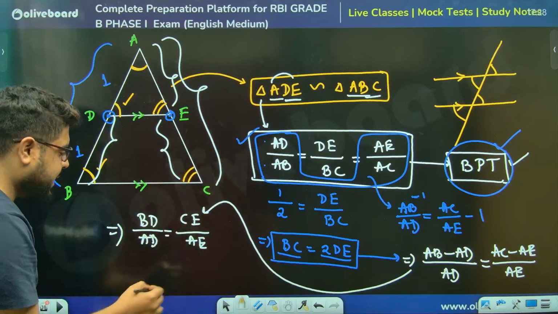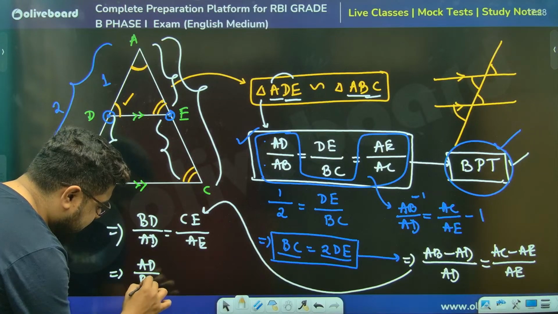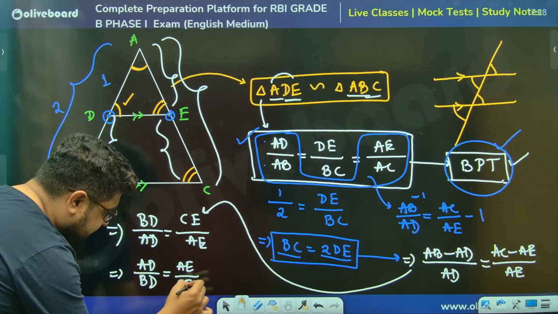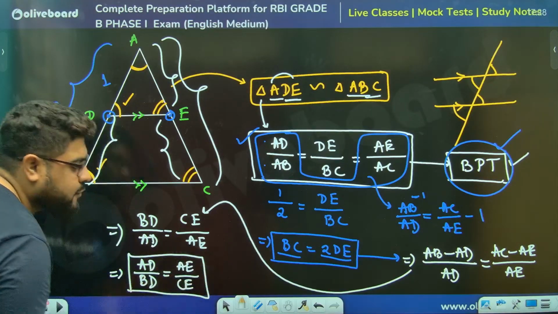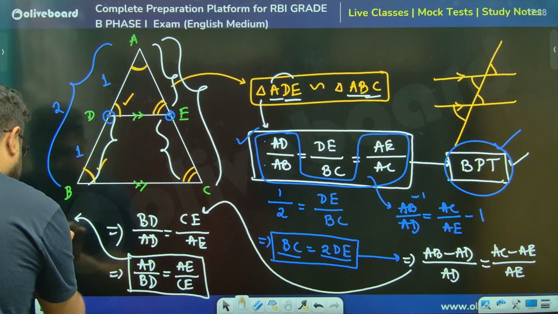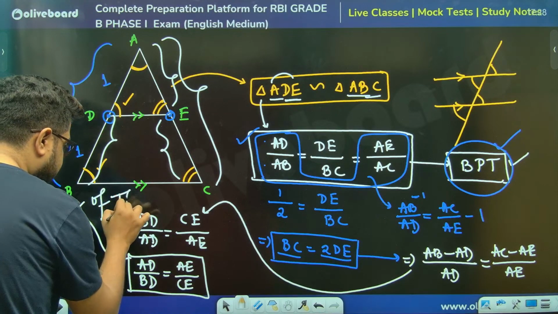For better understanding, again take the reciprocal. AD by BD is equal to AE by CE. This is a modified version, a corollary of Thales. This is something you can remember as a corollary of Thales.